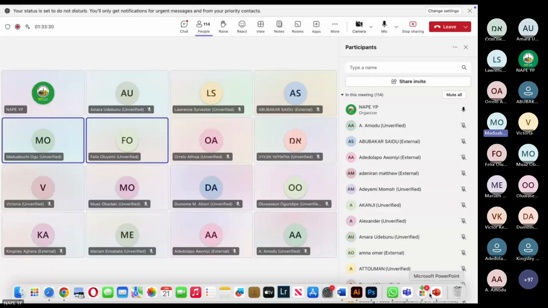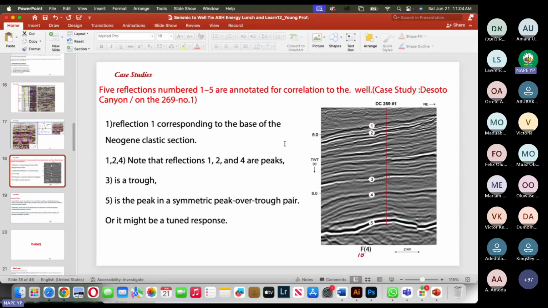And if your slide is on 18, can you see this? Yes, I can see on my own end, reflections numbered 1 to 5. All right, can we all see it now, please?